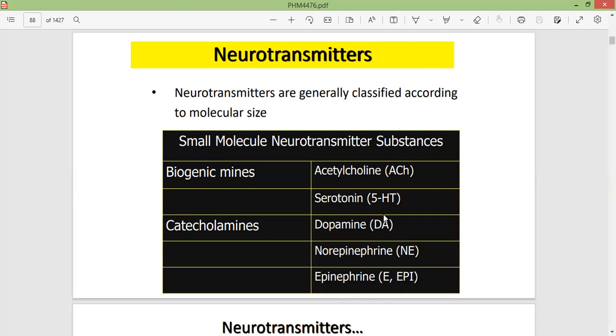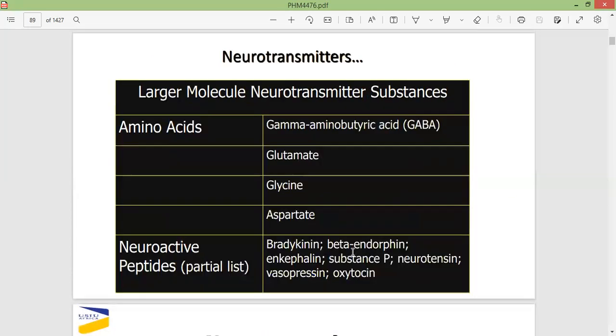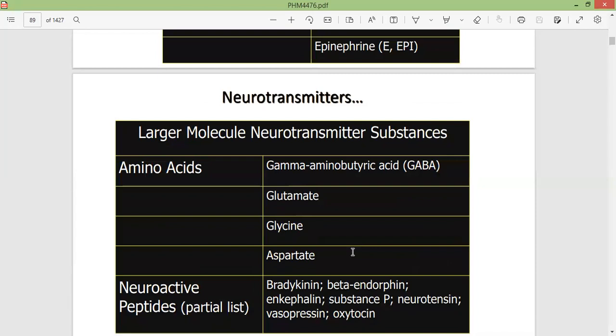I believe we're all familiar with the catecholamines. Then we also have amino acids as neurotransmitters, such as GABA, glutamate, glycine, and aspartate. GABA and glycine, what's common about them? And what's common about glutamate and aspartate?